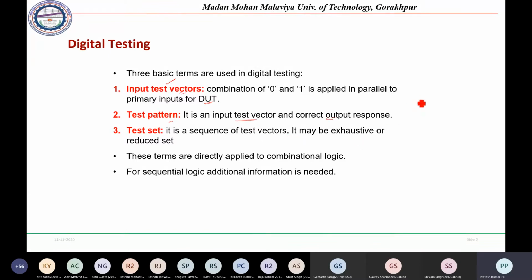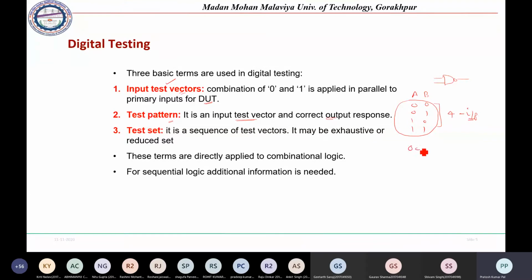Exhaustive means, suppose a two input NAND gate is there, so AB will have 00, 01, 10, 11. So four possible input combinations are there. If we use all four input combinations, that will be called exhaustive, or we can use only some of the four.